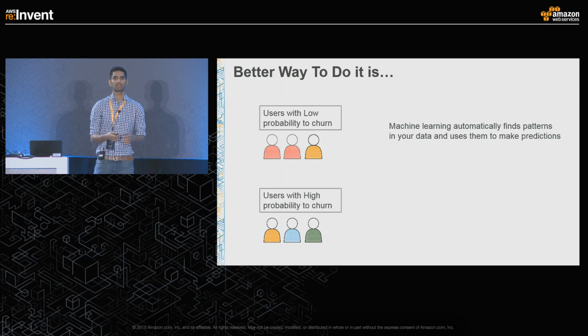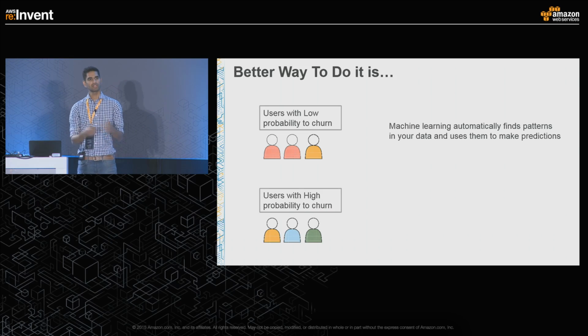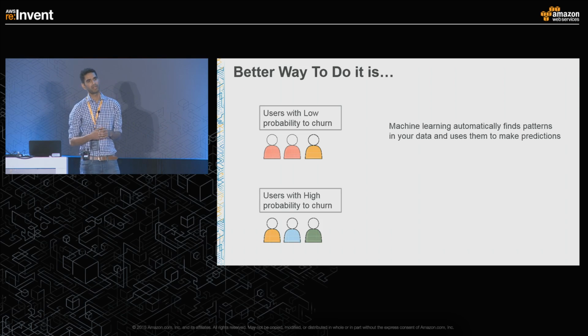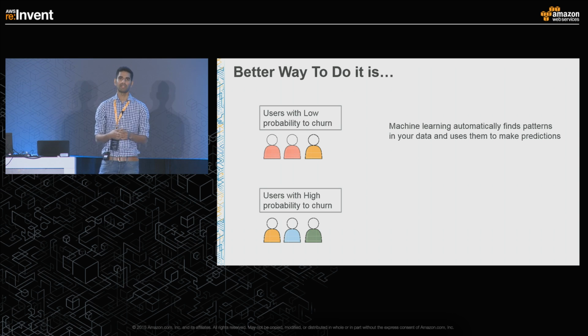So in this case, using machine learning, it'll first look for patterns which help you to classify if the users have high probability or not, and then it predicts, if a new user comes, with what probability he has to leave my app today.